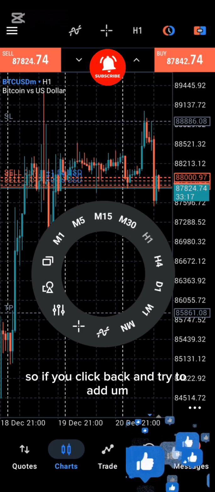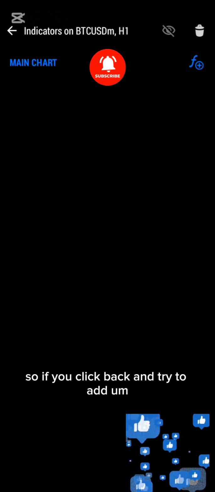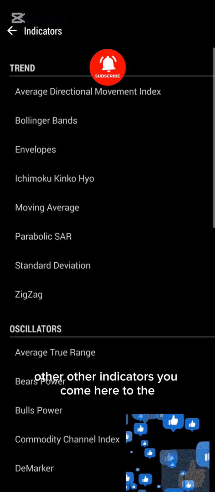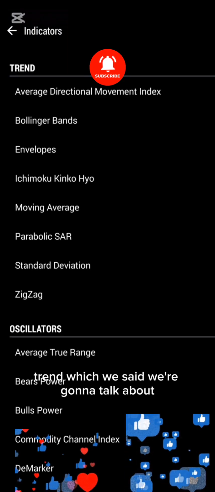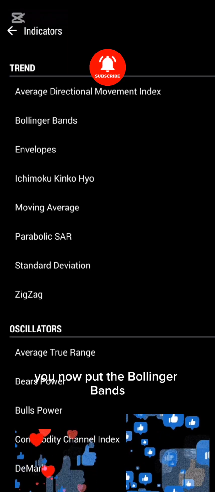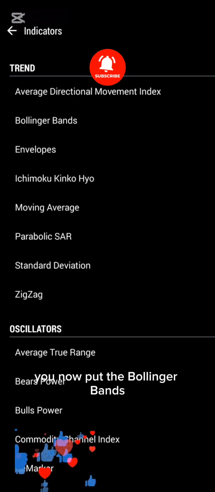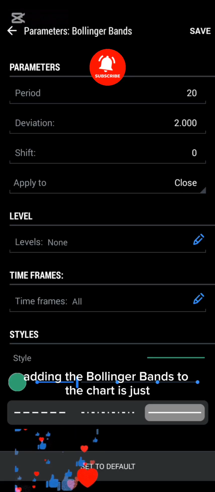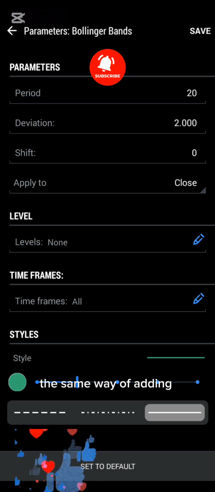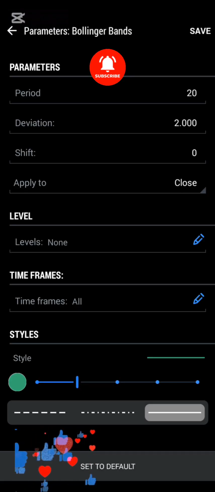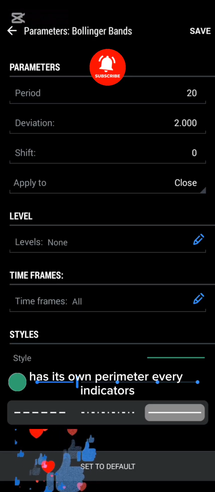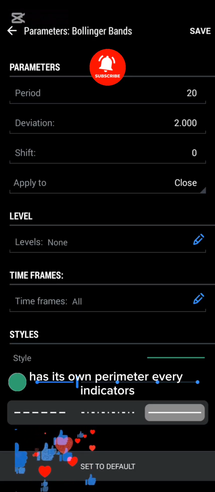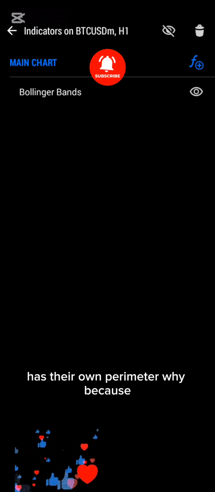So if you click back and try to add other indicators, you come here to the trend section, which we said we're going to talk about. You now put the Bollinger Bands. Adding the Bollinger Bands to the chart is the same way we added the moving average, but the Bollinger Band has its own parameters. Every indicator has its own parameters. Why?